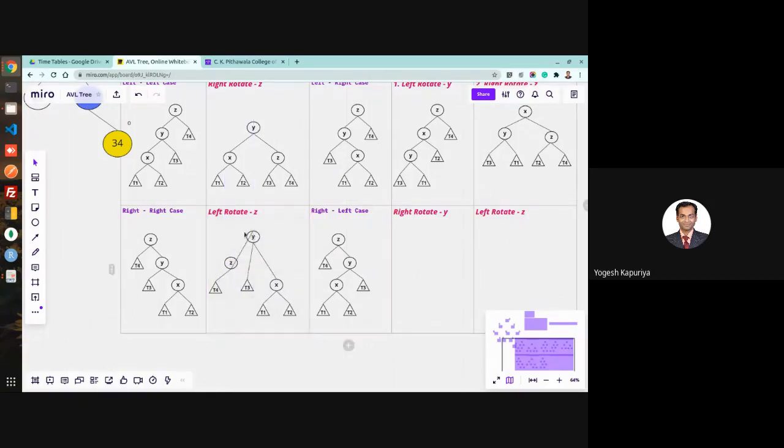Y will take the position of Z, and T3 will become the right of Z. And now this will be a balanced tree.